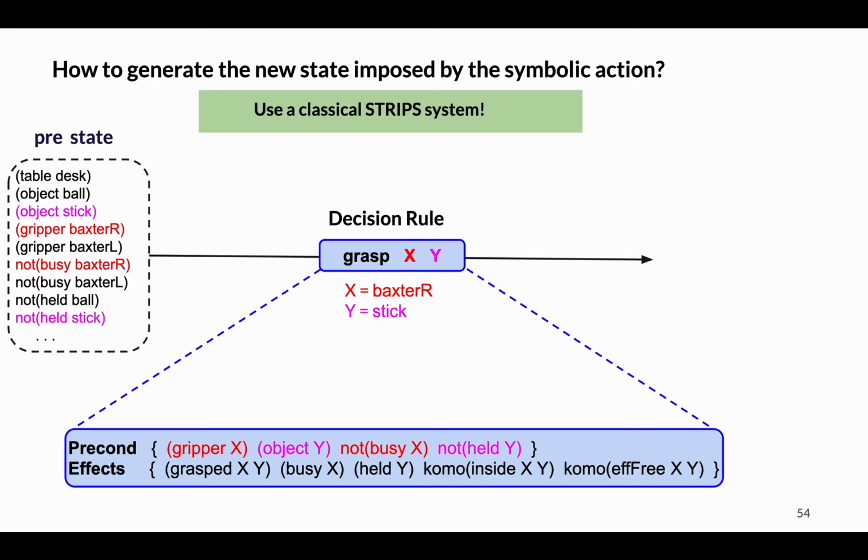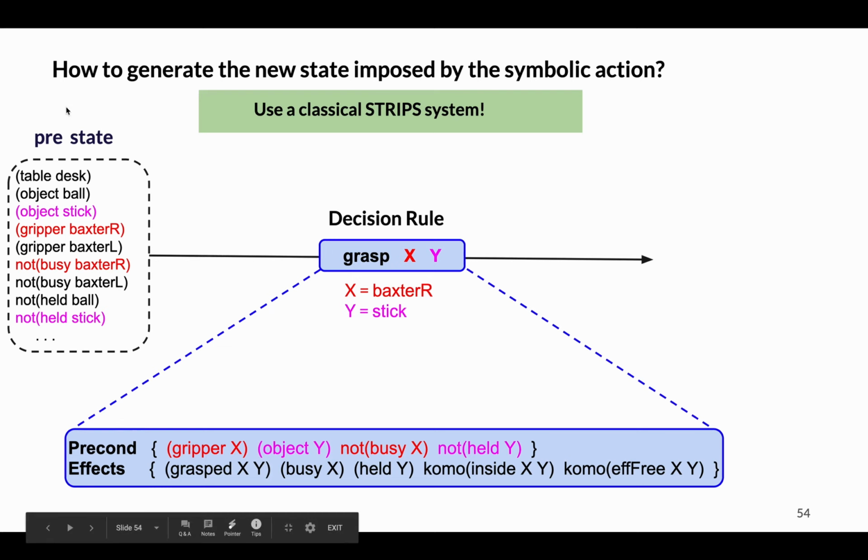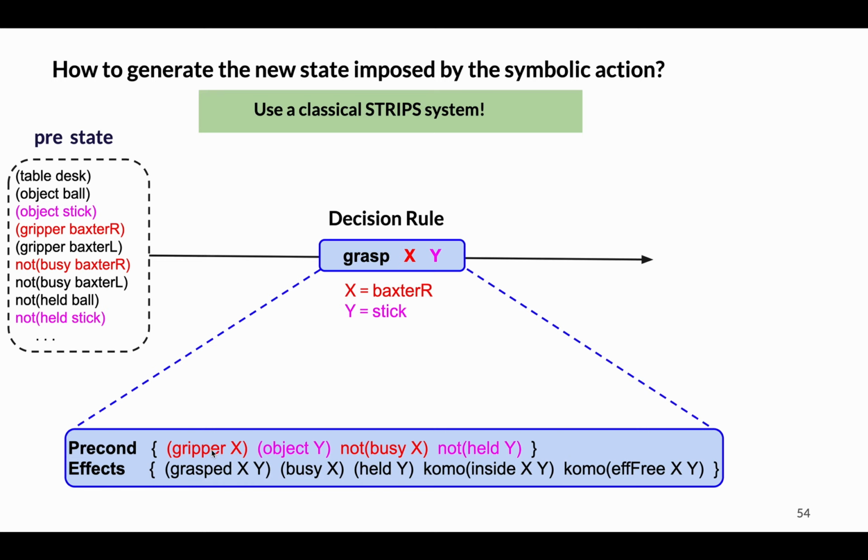It could be, for example, Baxter R and stick. And this decision rule has some preconditions which are checked in the pre-state. So, for example, gripper X: the X object should be a gripper. It should not be a table, or an object. It should be a gripper.